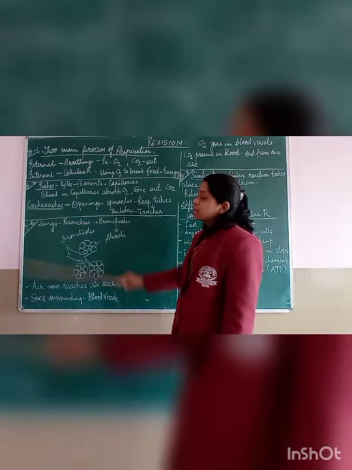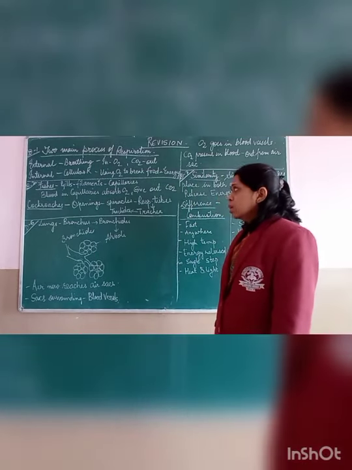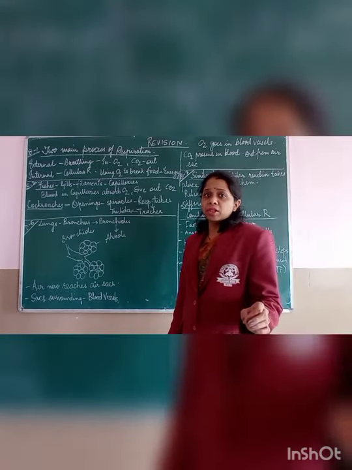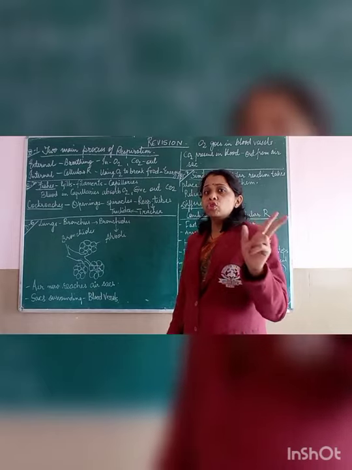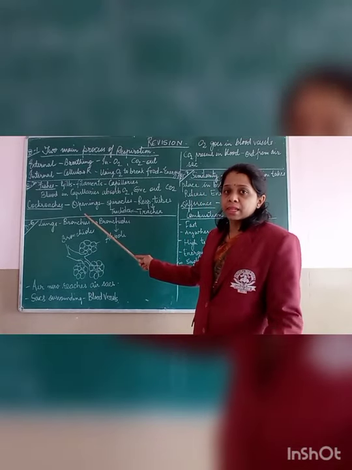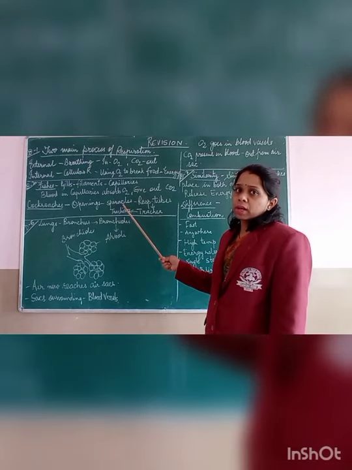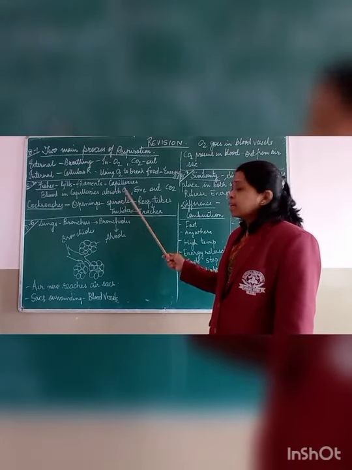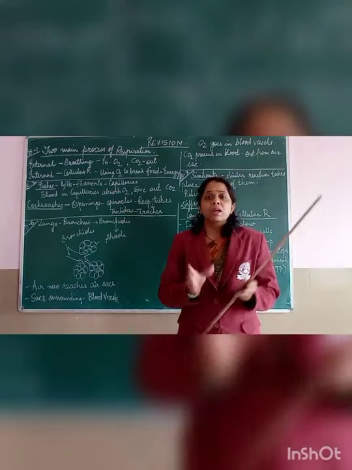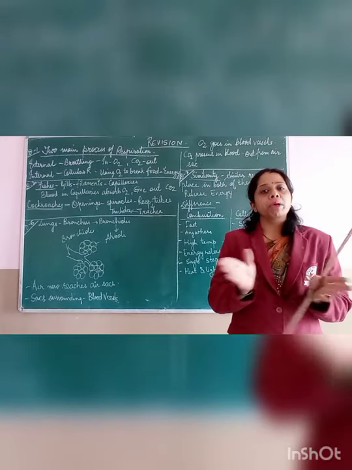Let us see what happens in cockroaches. Cockroaches, you must have learned, children, have two small openings on the side. These openings are called spiracles. Inside the spiracles it branches into many tubes.